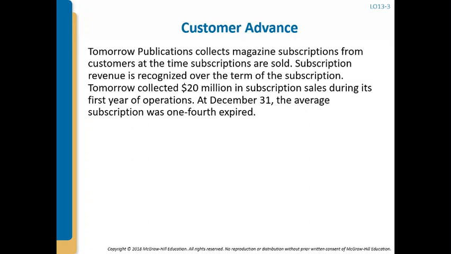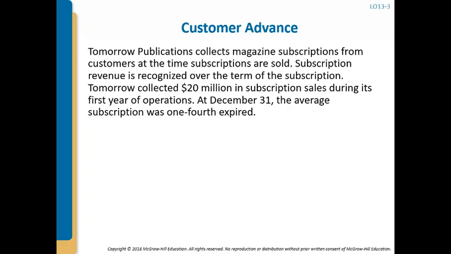So here's an example of a company that sells magazine subscriptions. So they collect money up front for the year's subscription and they're going to recognize revenue over the term of the subscription as they earn it.